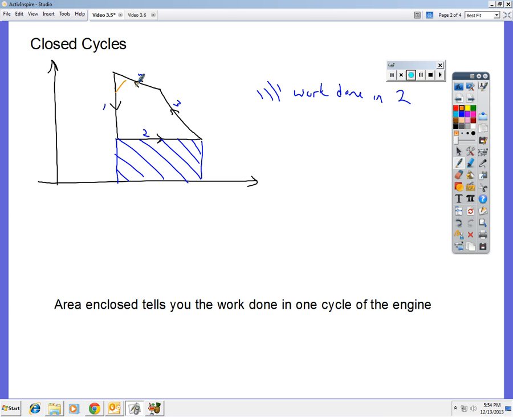But if we look at the work done in steps 3 and 4, that's the orange hatched area.